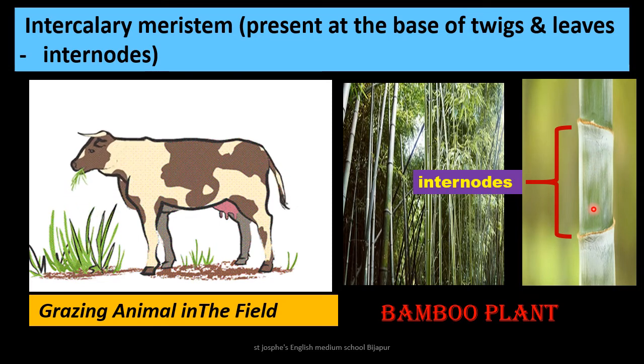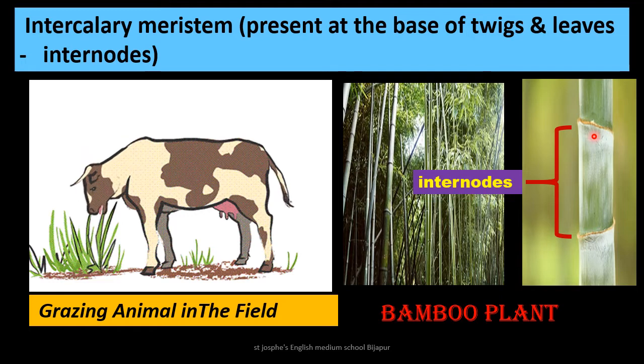But between the permanent tissues, at the nodes, there is meristematic tissue. Meristematic tissues are present at these nodes. See, this is the meristematic tissue at the nodes between the permanent tissue layers of the internodes, and this meristematic tissue is known as intercalary meristem.